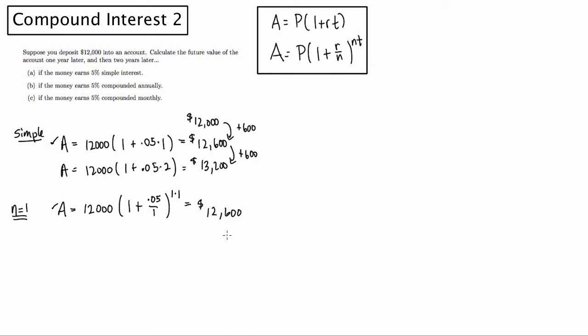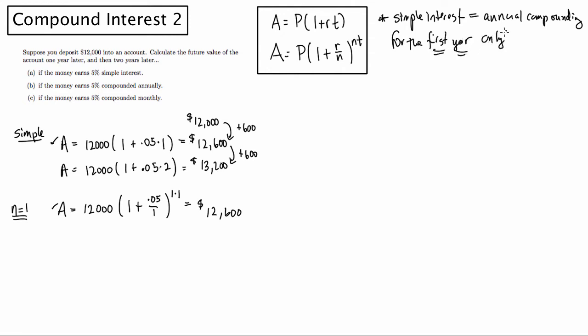So one thing that maybe you should star or just make a remark in your notes is that simple interest is equivalent to annual compounding for the first year only.